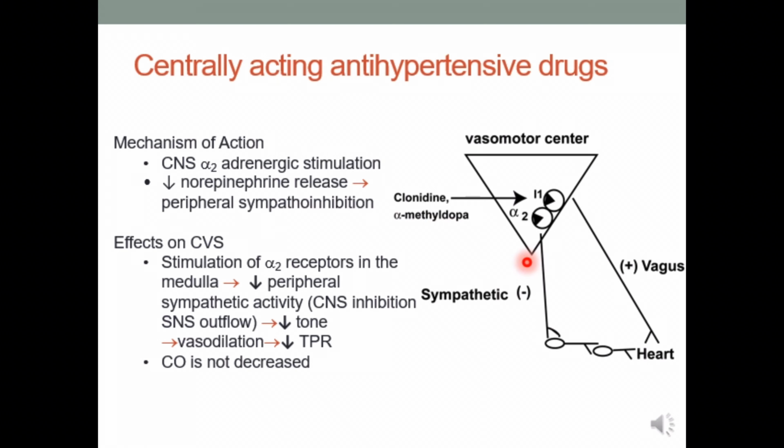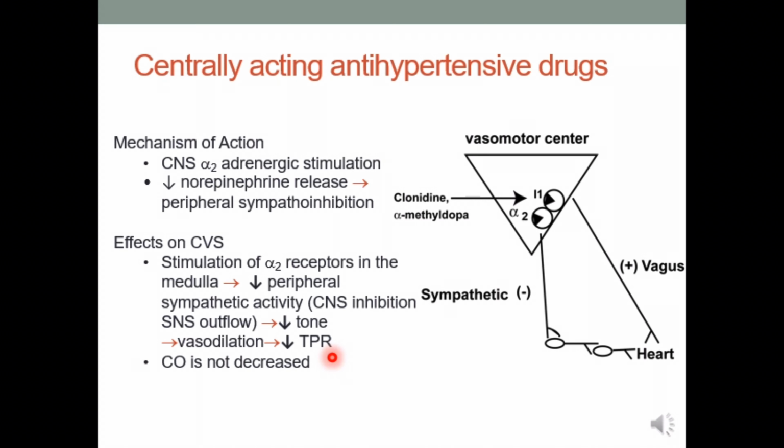So what will happen to the cardiovascular system in the periphery? When there is a reduction in the peripheral sympathetic activity, especially in the vessels, there will be a reduction in the sympathetic tone on the vessel. That means there will be vasodilatation of the vessels, and when the vessels vasodilate, the total peripheral resistance is reduced.